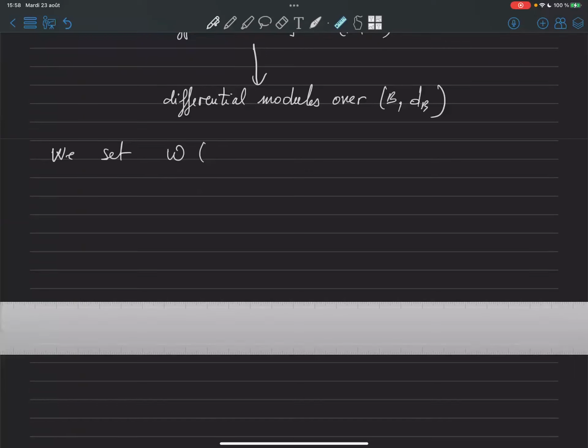Omega M B is the set of solutions of the differential module in the ring B, which is just the kernel of this connection.